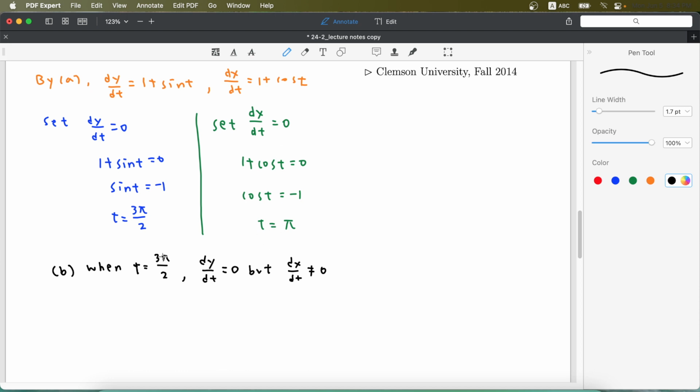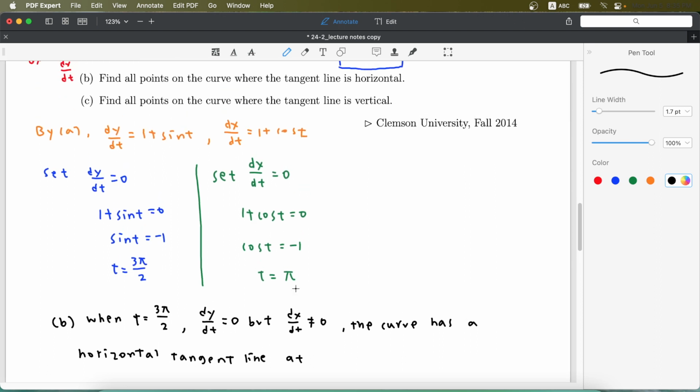So when t equals 3 pi over 2, my denominator cannot be 0. That means the curve has a horizontal tangent line at t equals 3 pi over 2.